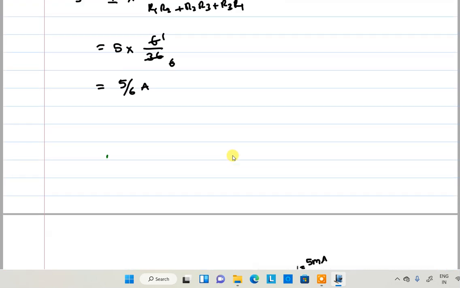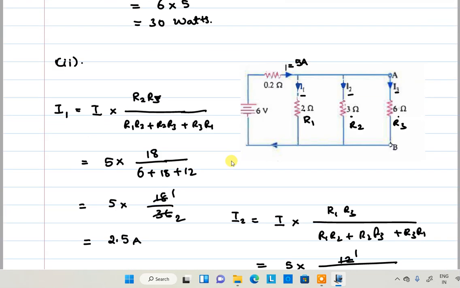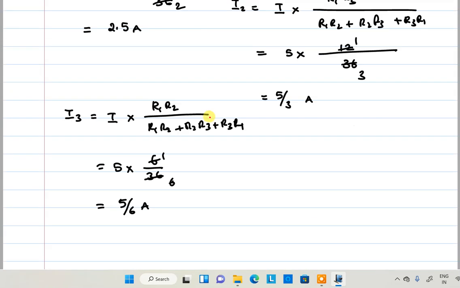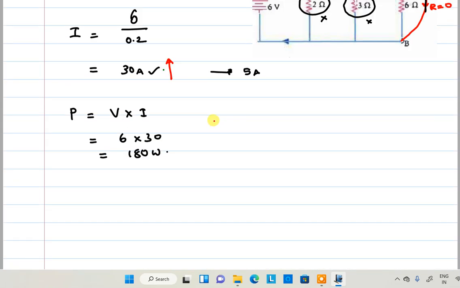In the previous case, the second case, it was 30 watts. What about the power dissipated now? 180 watts. That means whenever a short circuit occurs, the current increases and the power also increases. That was one of the objective questions in the previous paper, right? So this is the explanation.